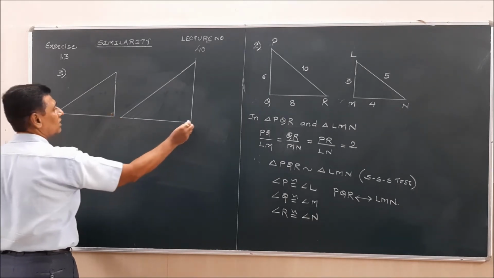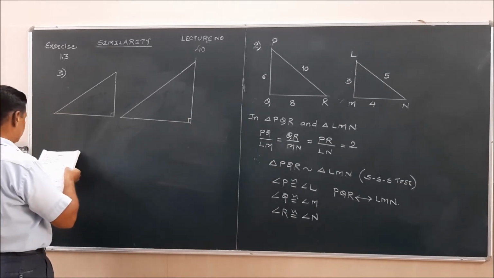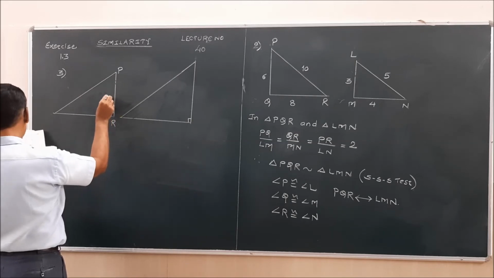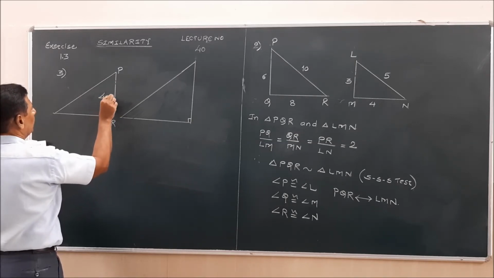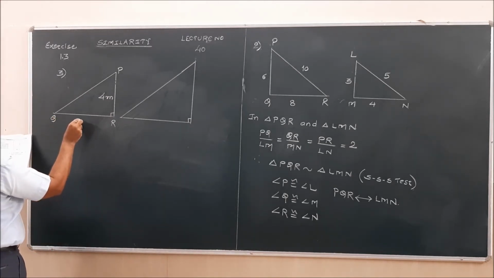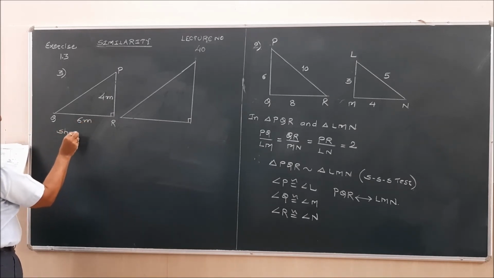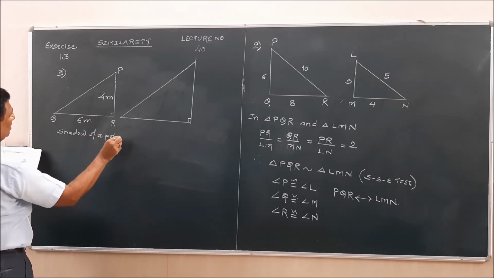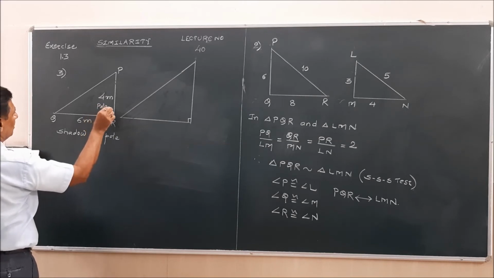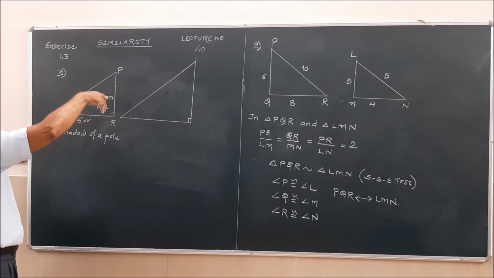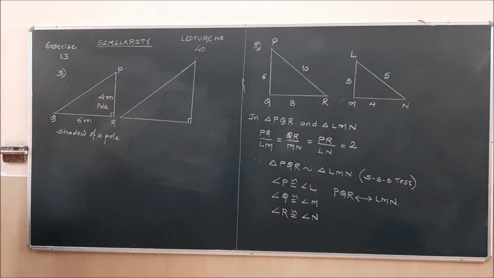These are the poles. The name of the pole is PR, which is equal to 4 m. QR is equal to 6 m, the shadow of the pole. The pole is perpendicular to the ground. The height of the pole is 4 meters and the shadow of the pole is 6 meters.